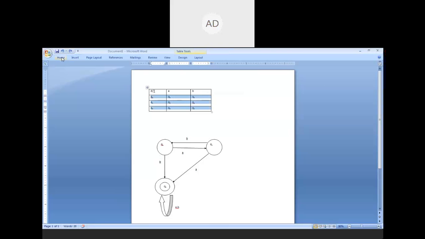Okay. So in this Word file, we have two types of representation of the same thing. In one, we represent data in a tabular form, and in the second one, we use some symbols to represent the same thing.